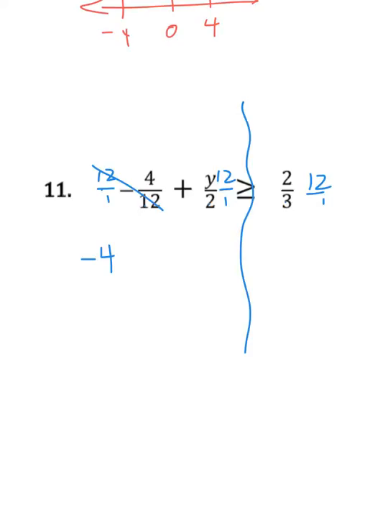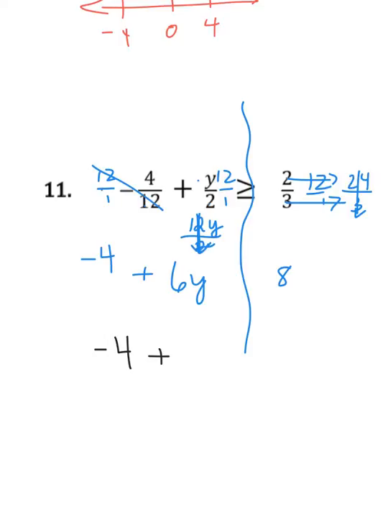This right here will be 12y over 2, which would be 6y, because 12 divided by 2 is 6y. And this here will be 24 divided by 3, which is 8. Okay, so now I'm going to rewrite that neatly. Negative 4 plus 6y is greater than or equal to 8.